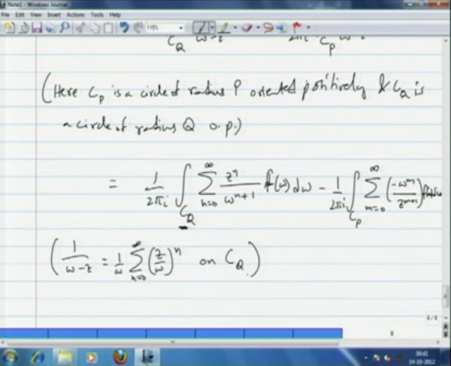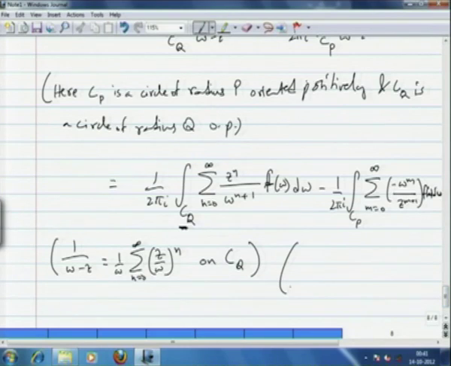So 1 by w minus z can be expanded as a geometric series by pulling out 1 by w, and you have 1 by 1 minus z by w, which you can expand as a geometric series.